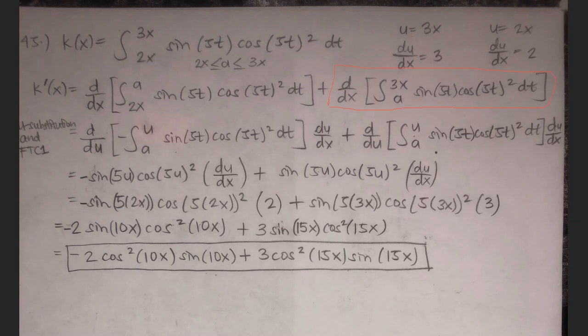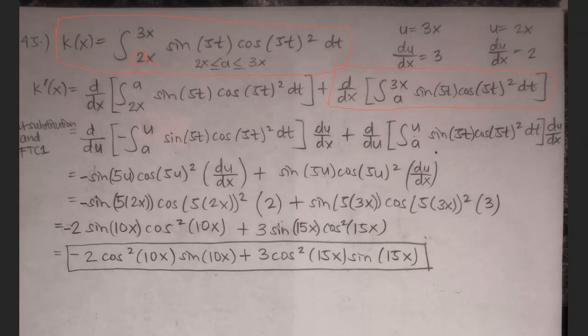So K is defined this way. If here it was a, then K prime of x would be just substituting the dummy variable t with the upper limit, then multiplying by the derivative of the upper limit. So that's the first part of the fundamental theorem of calculus.